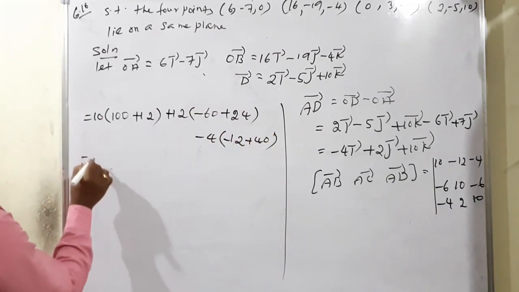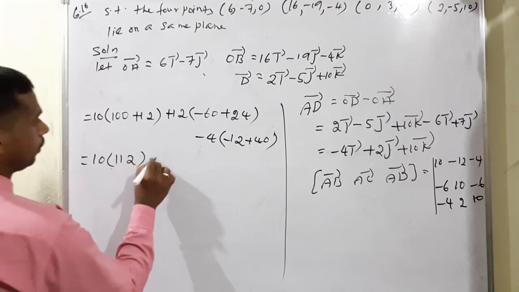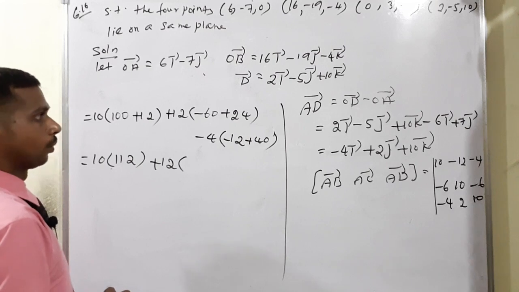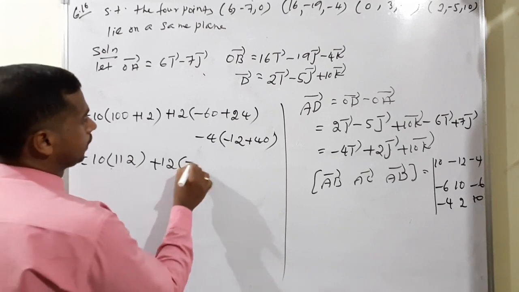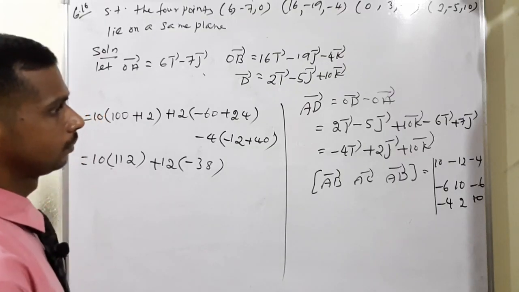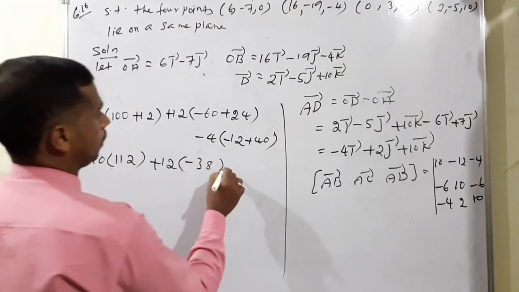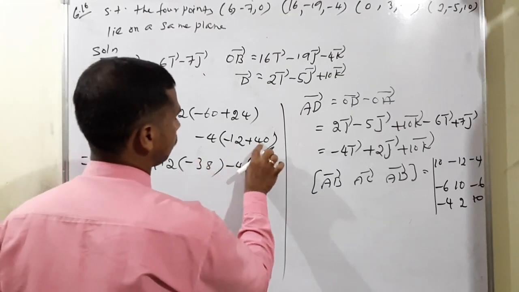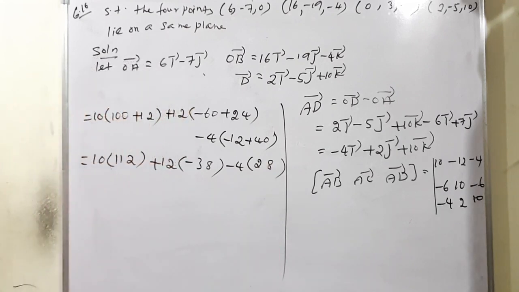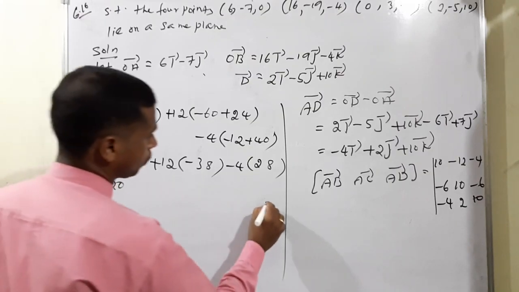Now 100 plus 12 means 112. There is positive 12 into minus 60, 24. So definitely minus 38. Next one. Minus 4 into minus 12 plus 40, 28, isn't it? Now 38 into 12.